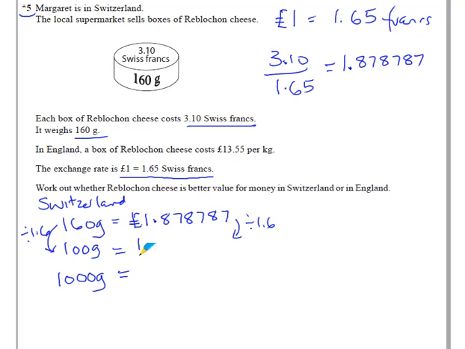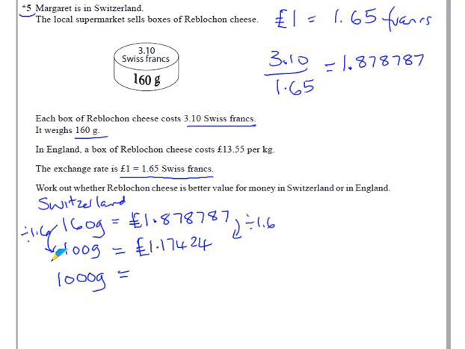So £1.878787 recurring divided by 1.6 is £1.17424 recurring. So that's 100 grams is £1.17424.